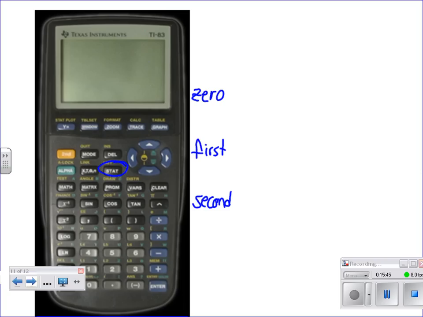You would hit linear regression, which is number 4. If you hit that twice, it defaults to doing the linear regression for L1, L2, which is perfect. That's what you want to do for that zero order reaction.